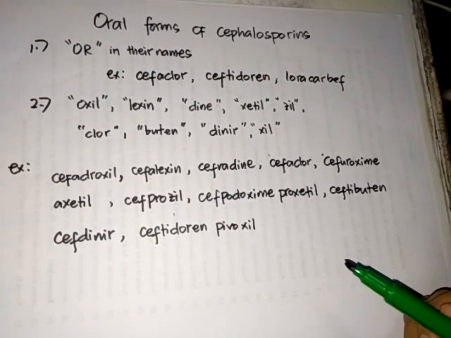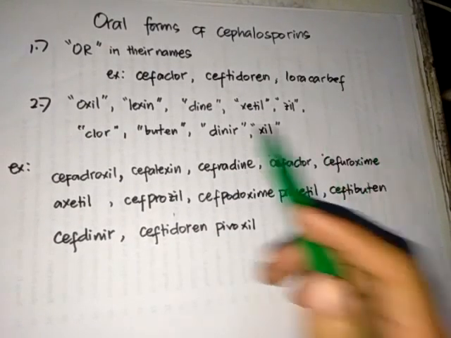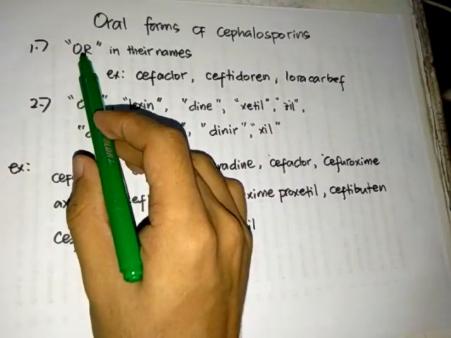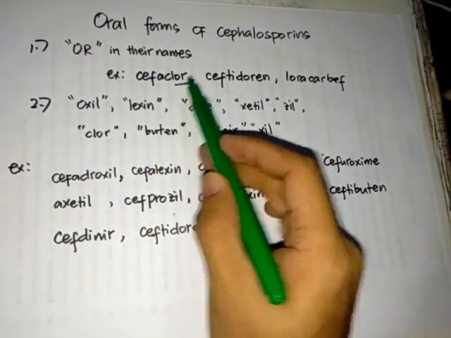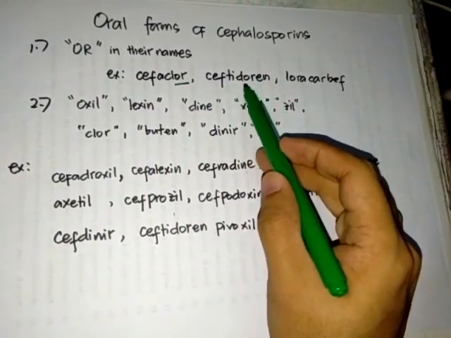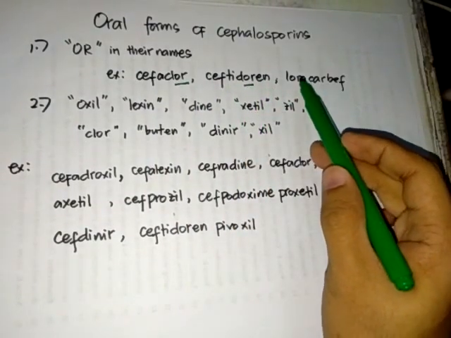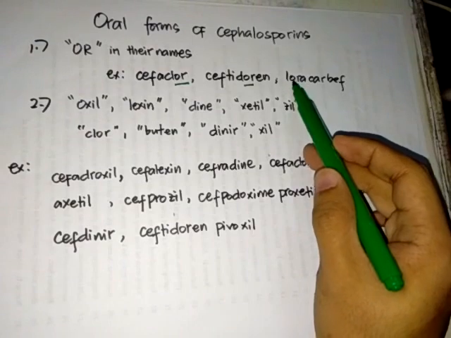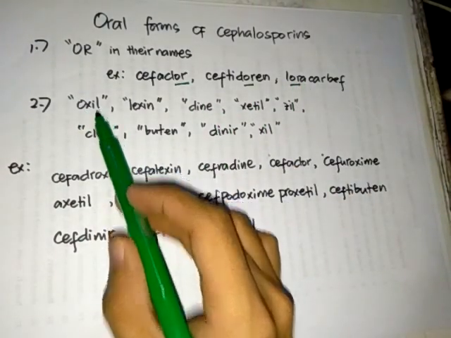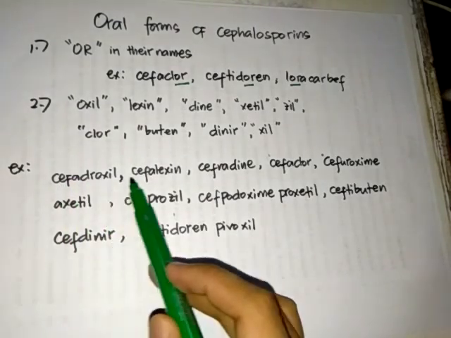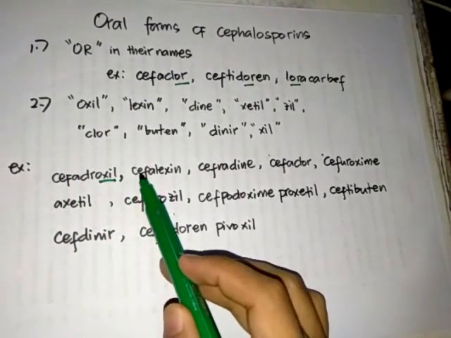Another thing we need to know is the oral form of cephalosporin. Okay, number 1 consideration, having an OR in their names. Example, cefaclor, there's an OR. Ceftidoren, there's an OR. Loracarbef, there's an OR. Oxil, having an oxil in their name, like cefadroxil, there's an oxil.